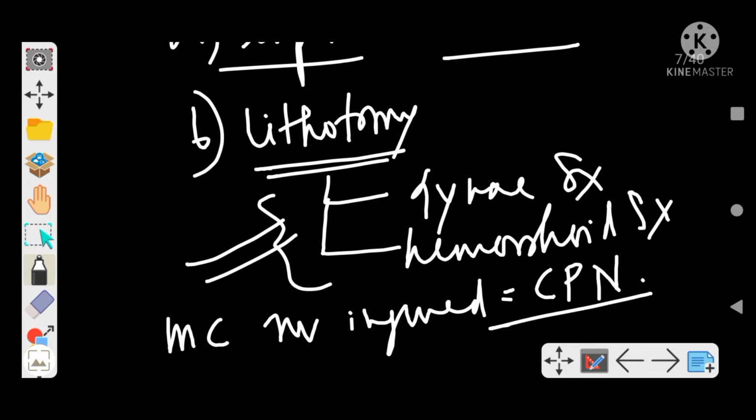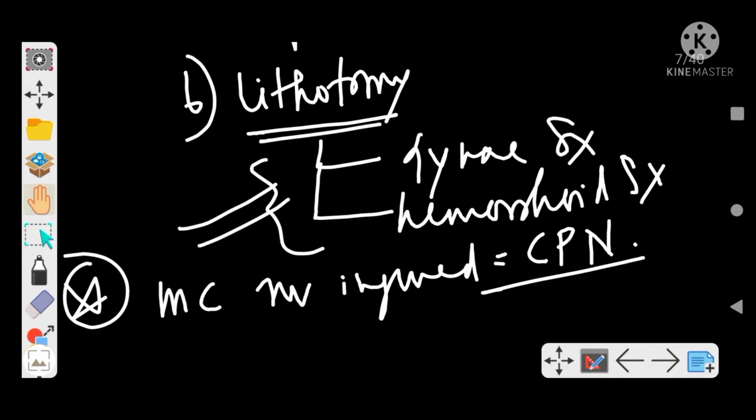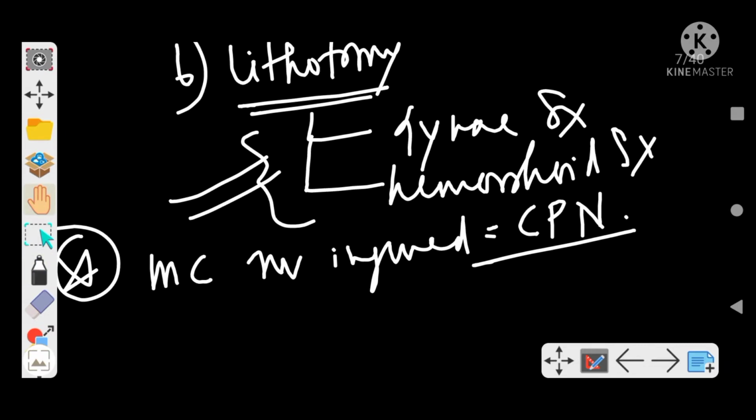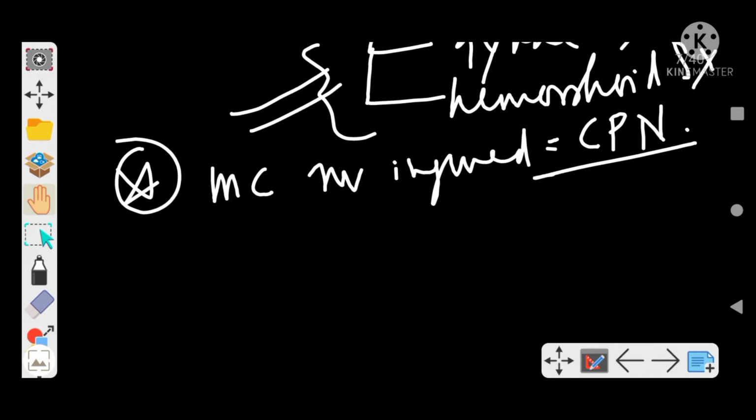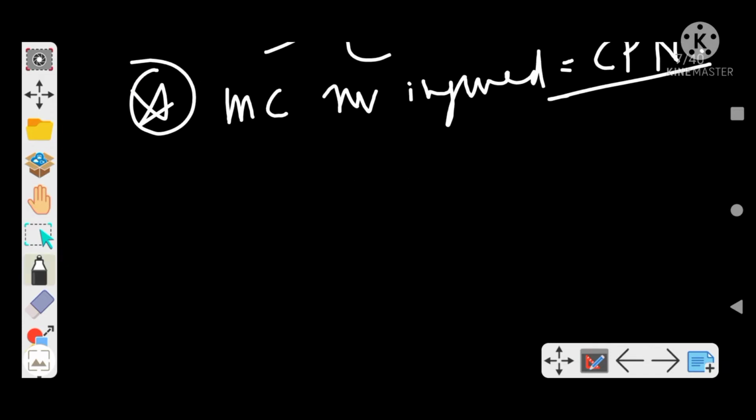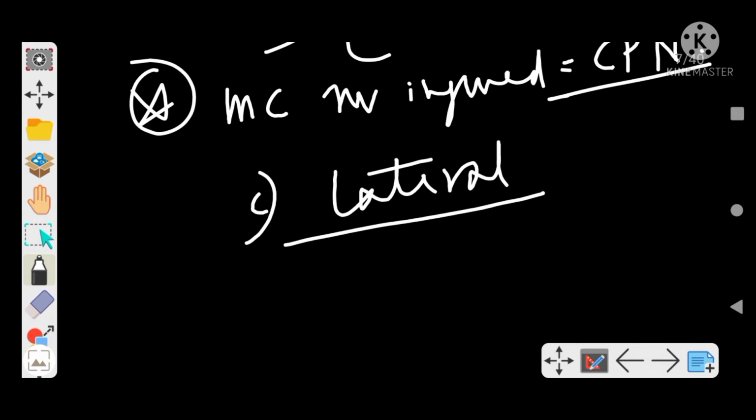I repeat, common peroneal nerve, important. Lithotomy position is used in your gynae surgery or hemorrhoid surgery, and the most common nerve injured is your common peroneal nerve, right?